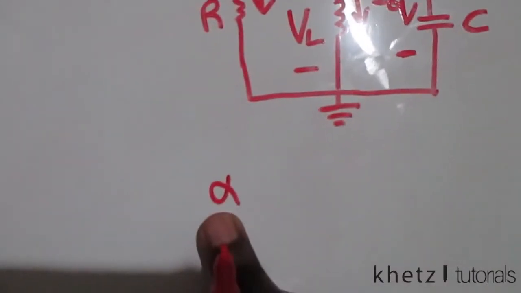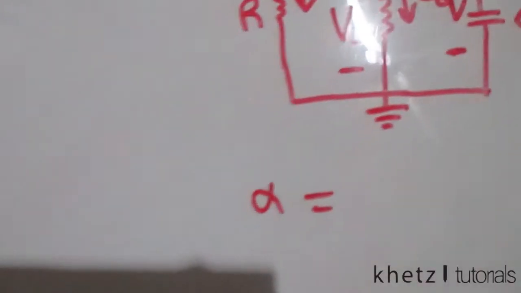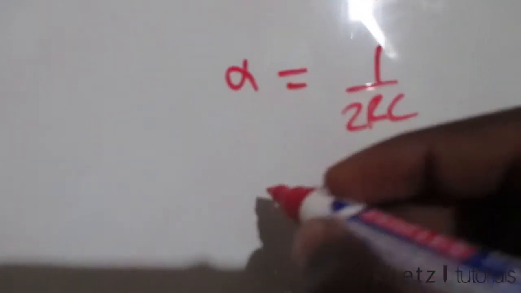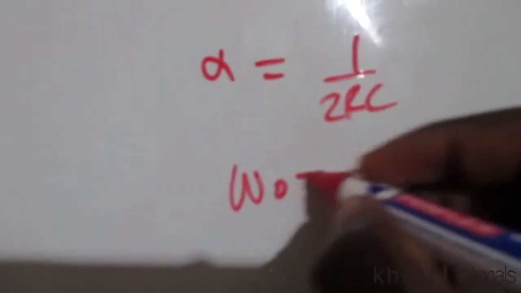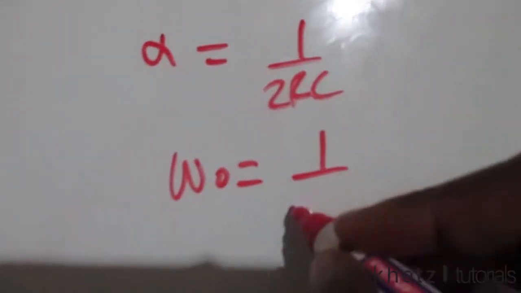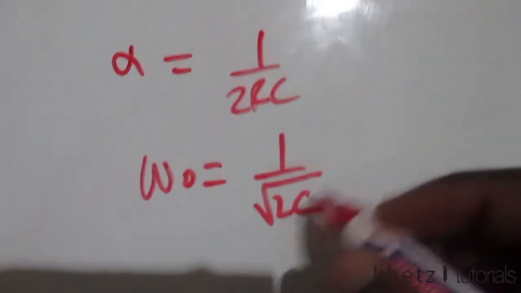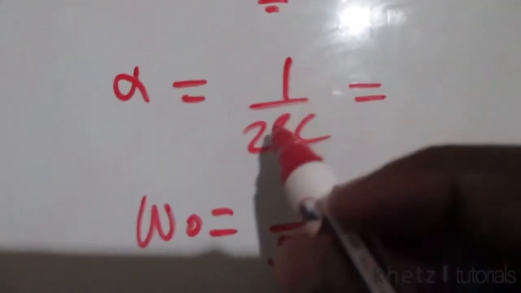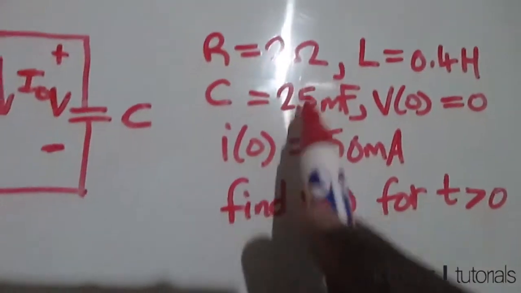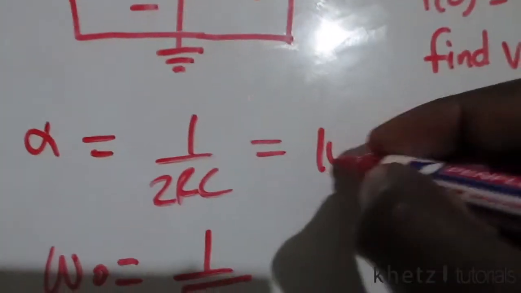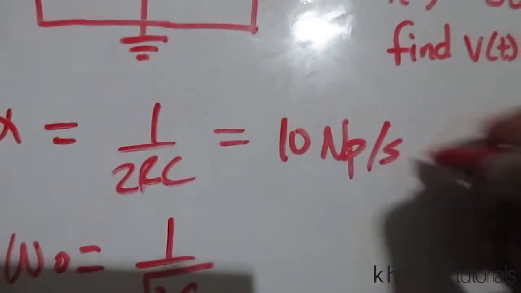We're going to first start with the damping factor, which for a parallel RLC is equal to 1 divided by 2RC. And we're going to find the resonant frequency, or the undamped frequency, in radians per second, which is found by this formula. Substituting all our values, 1 divided by 2RC, you're going to find a damping factor of 10 per second.